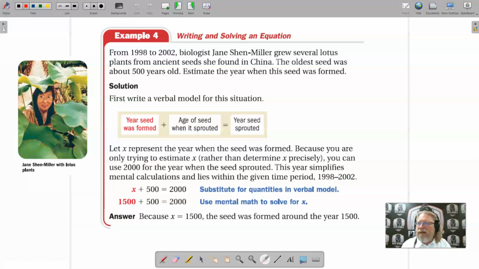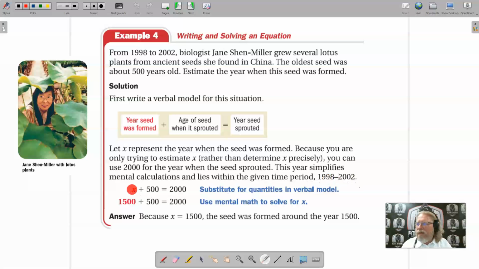Okay, so maybe it's not how long it is from now. They're asking whenever she was planting it. So that's why we're using the number 2000. Not because of the year that it is now, but the year whenever Jane planted it, which was sometime between 1998 and 2002. So that's why they're using the number 2000.